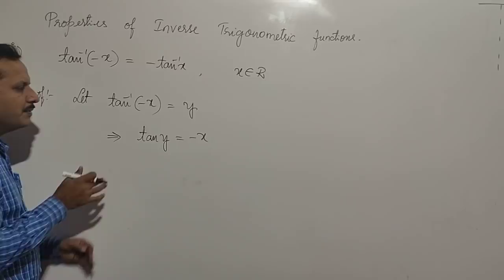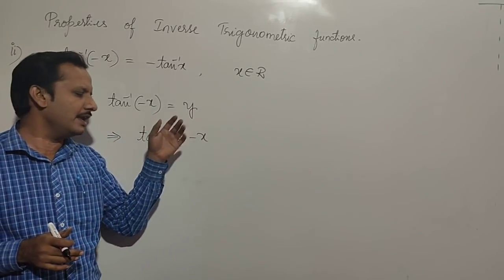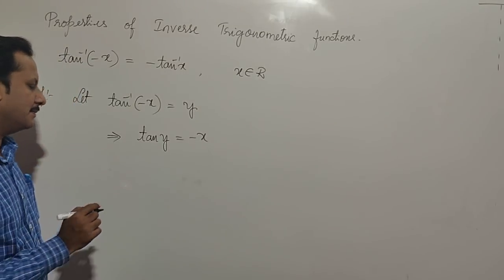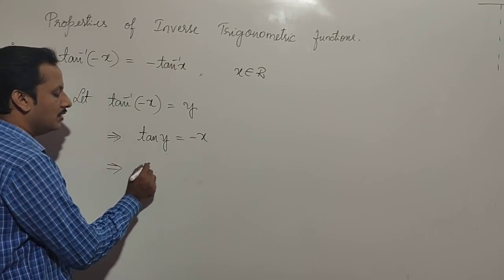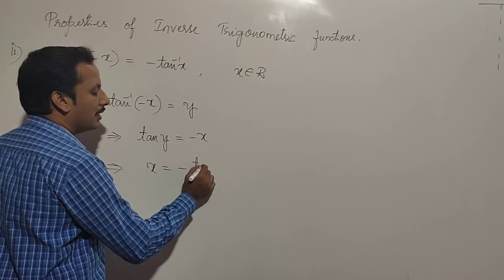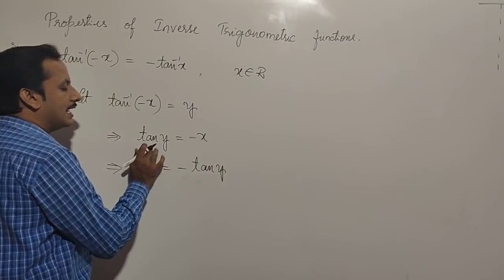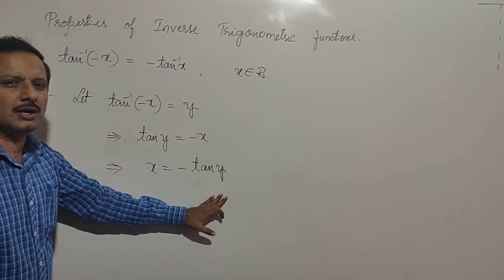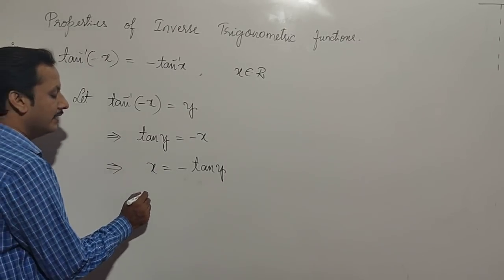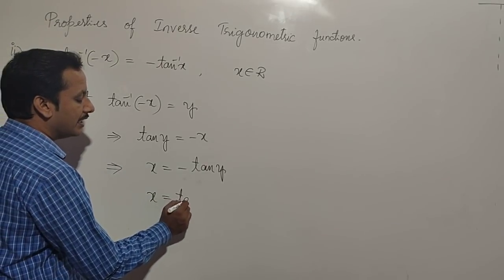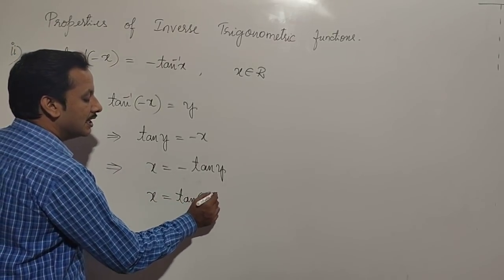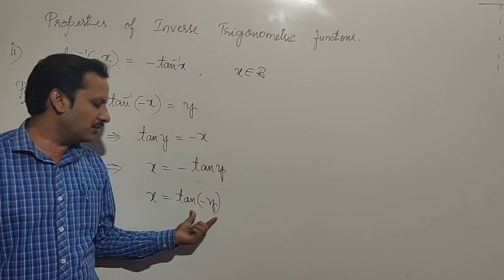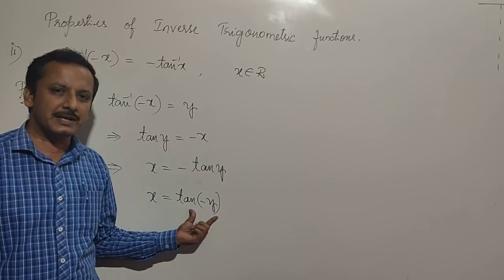So, this will give you x is equal to minus tan y. That minus tan y can also be written as tan of minus y.